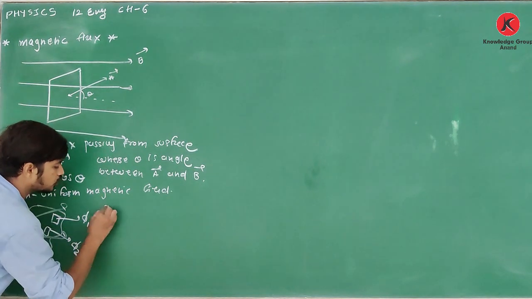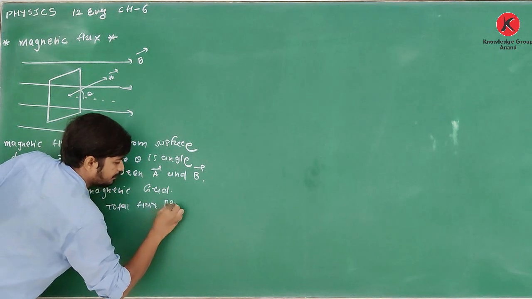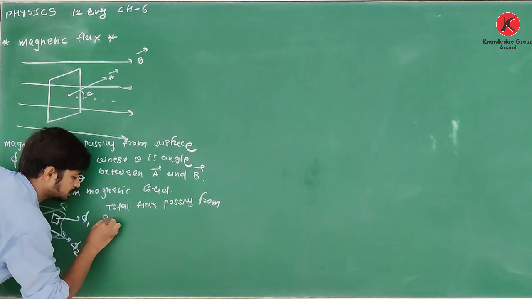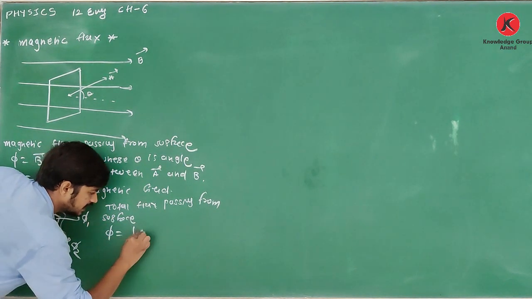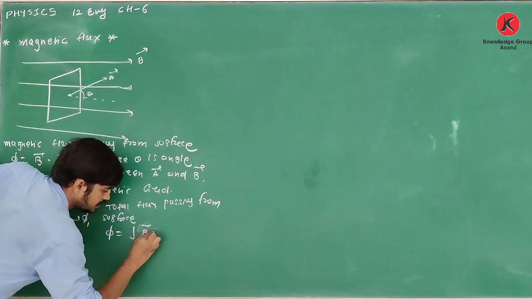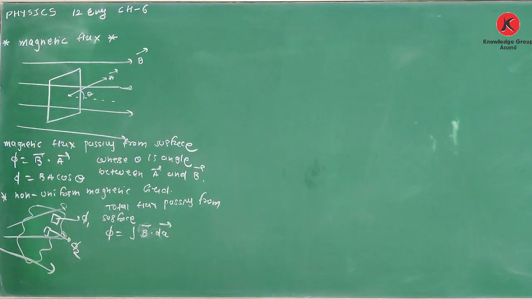So how to find the total flux? The total flux passing through that surface, phi is equal to the integration of B dot dA. Clear about this?